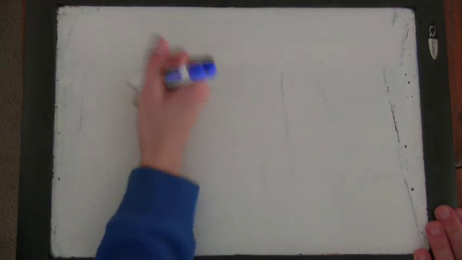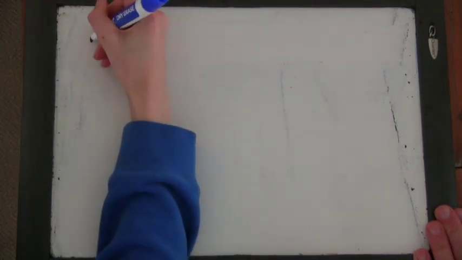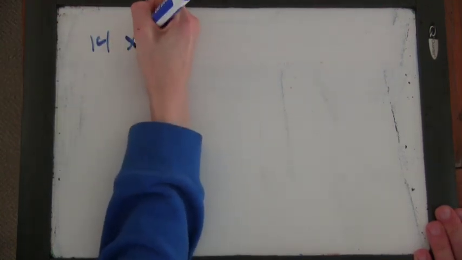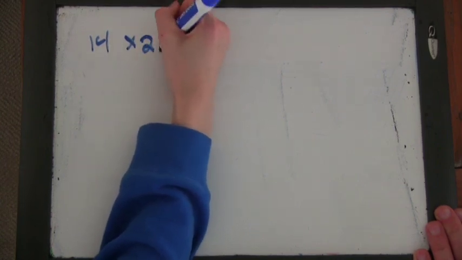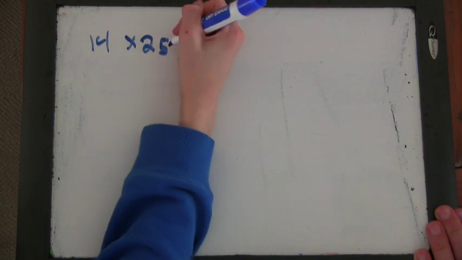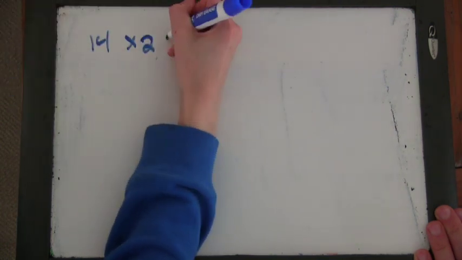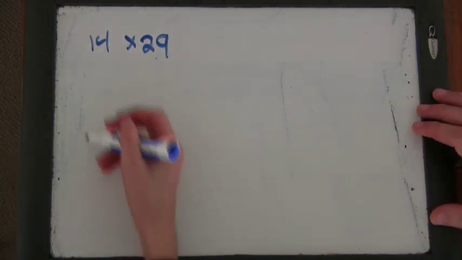Maybe we have the number 14, and then we're multiplying that by 25, right? I think that's kind of a round number, so maybe 29. Well, so we start doing it the normal way we had before.